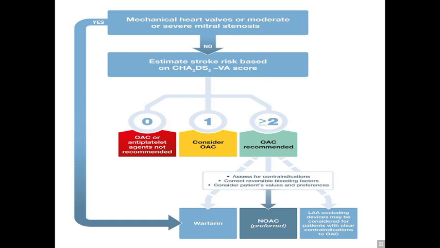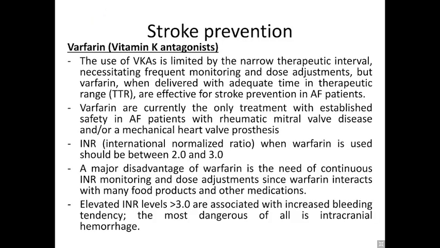If 0, no anticoagulants, no antiplatelet therapy. 1, consider oral anticoagulants. Equal or more than 2, oral anticoagulants are recommended for all genders. Stroke prevention may be with warfarin, this vitamin K antagonist.